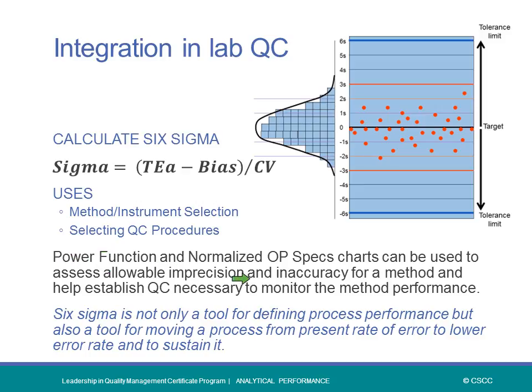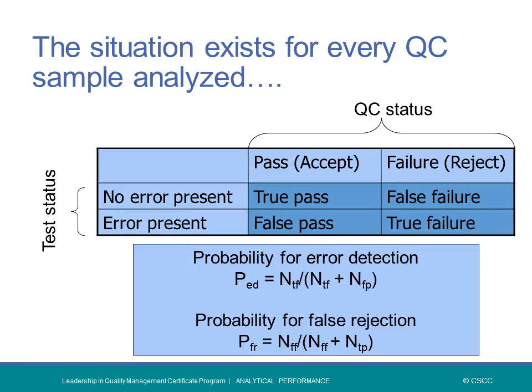Now, in using these kinds of tools, it's important to consider that whenever we do quality control, there are two situations that may exist, or the reality, with respect to the test that we are QCing. That test may be in control, where there is no error present, or out of control, where there is error present.